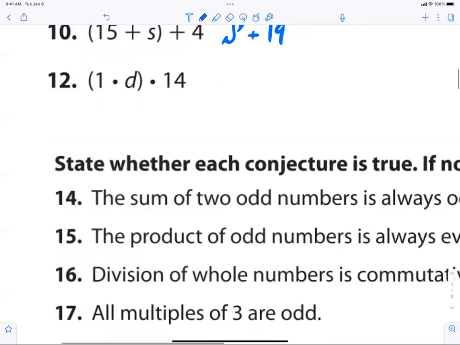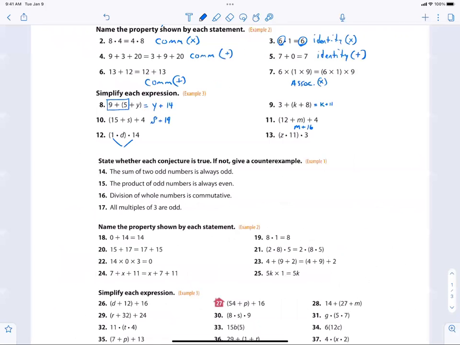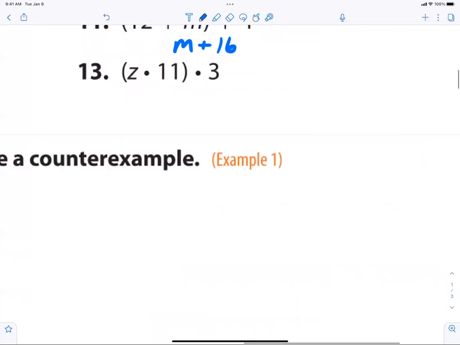12. Now this one, just go ahead and do this, multiply that. Which one are you doing, 13? Now, in math, it sounds weird. I just said with addition, variable comes first, but guess what?